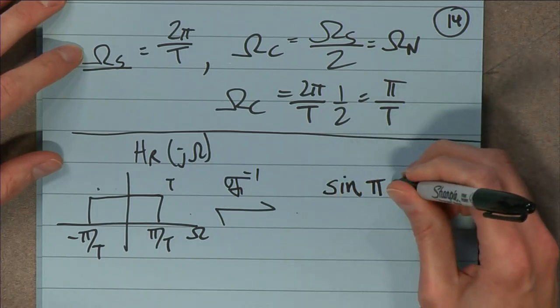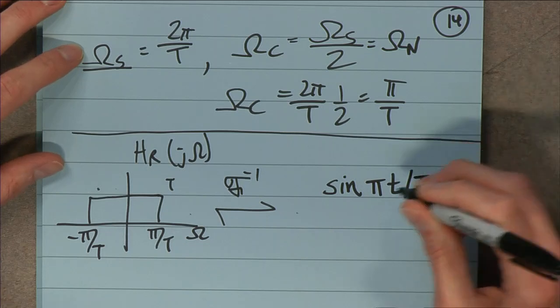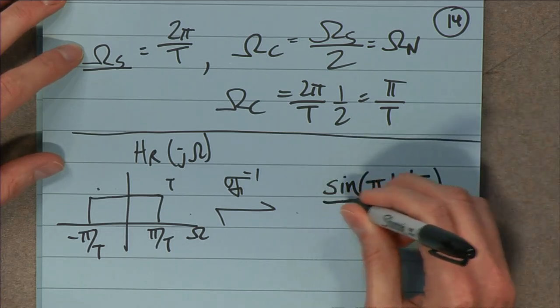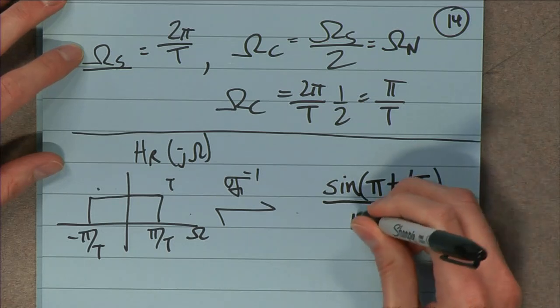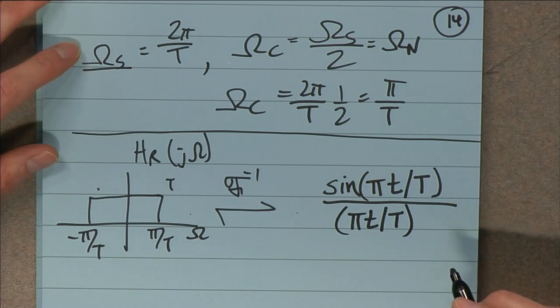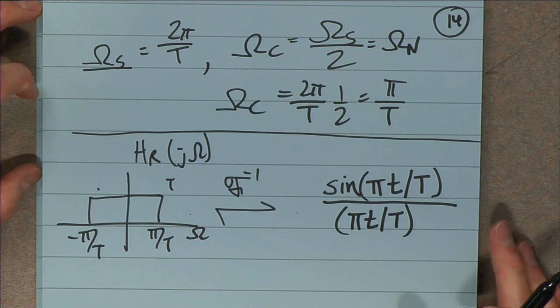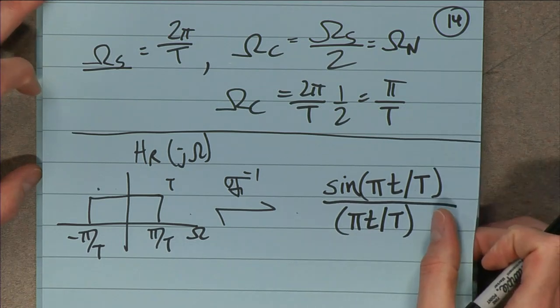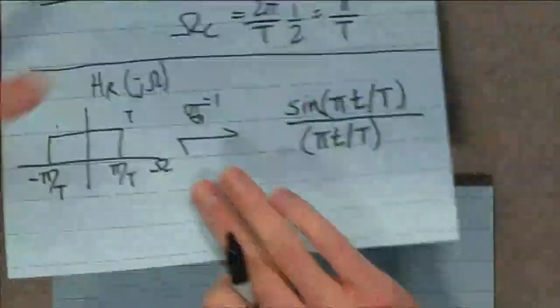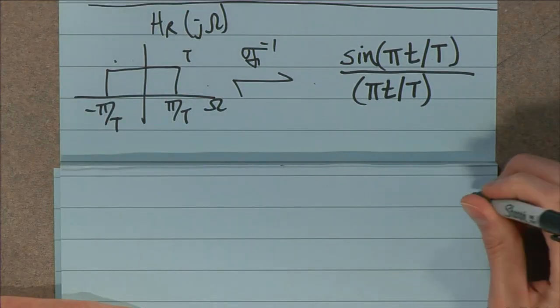This is a Fourier transform pair, with sine of pi t over capital T. You may recognize this as a sinc function that you've seen before. So if we march this sinc function back through, what does our final output look like?